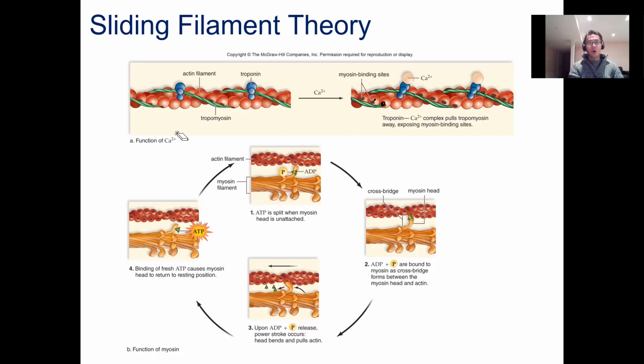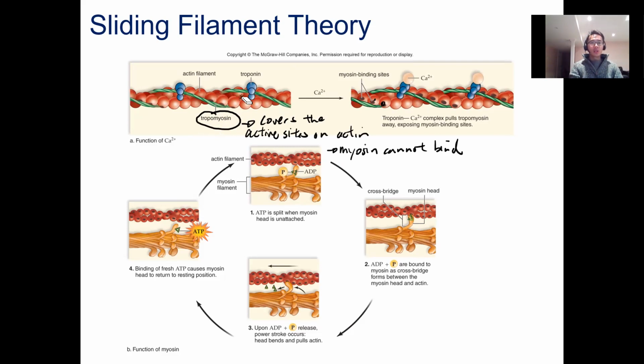All those binding sites are covered by this green ribbon looking thing. That green ribbon is the tropomyosin. The tropomyosin covers the active site on actin. When the active sites are covered, myosin cannot bind.